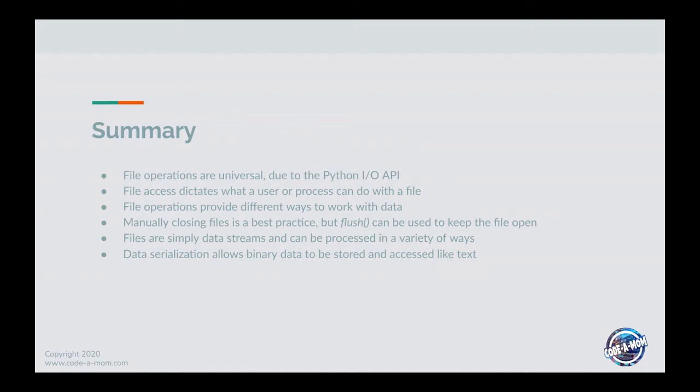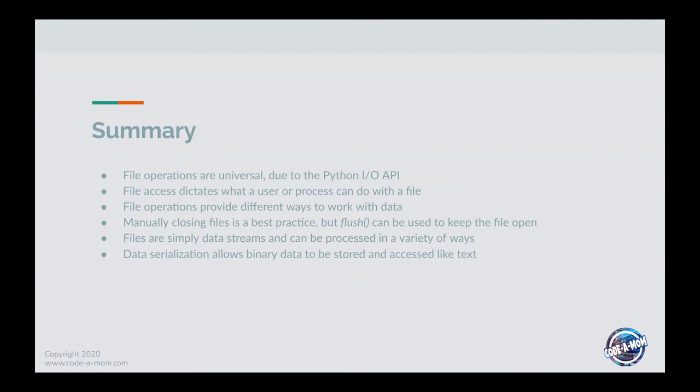We talked about how you can use the with open file as variable name as a way to programmatically close your file when you're done with it, so that you don't have to think about manually closing it. We talked about how files are just data streams, and therefore they can be processed in a number of ways.